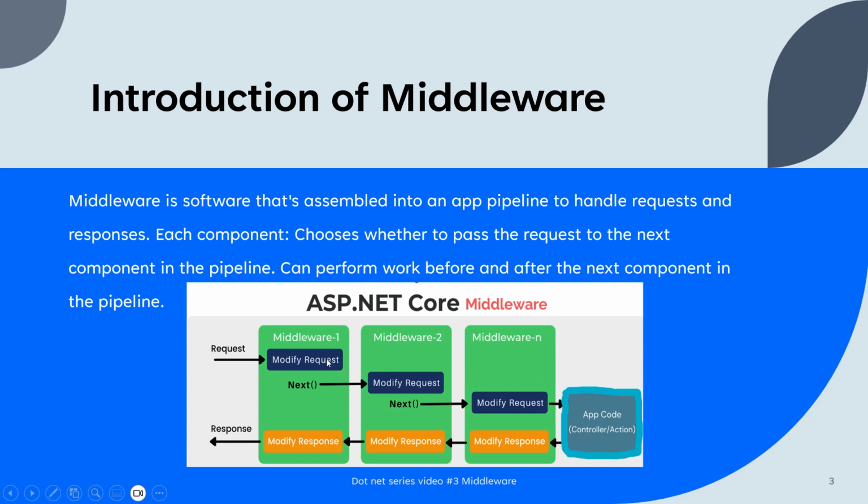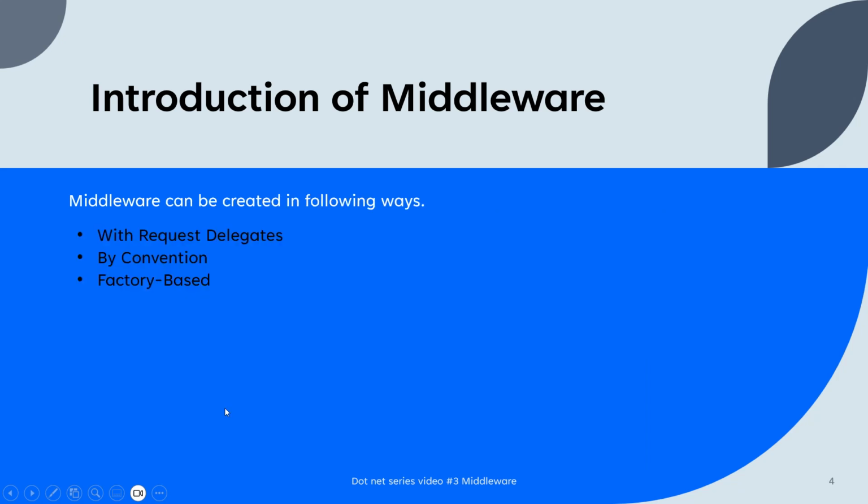Then you need to pass your request through all the middleware, and it will check authentication, do logging, record the IP address, etc. And then it passes your request to the controller and the action, whatever action we are requesting, like get list of product. So get list product will be executed. Then after the result, it will again pass through the middleware and the response goes to the user.